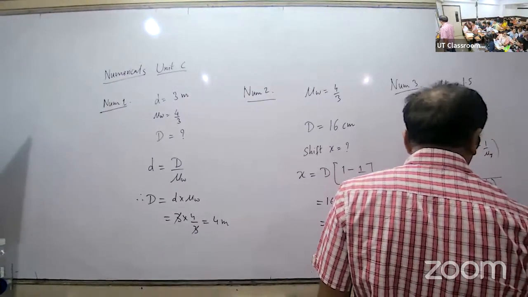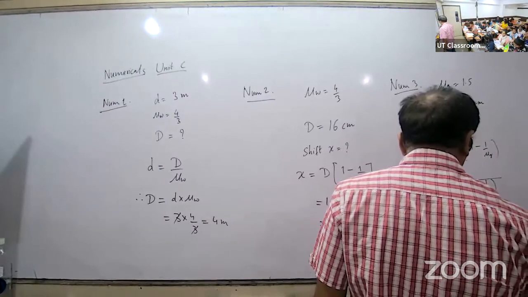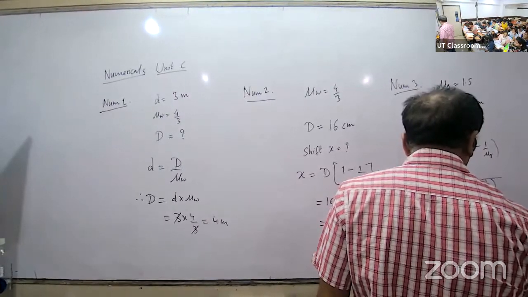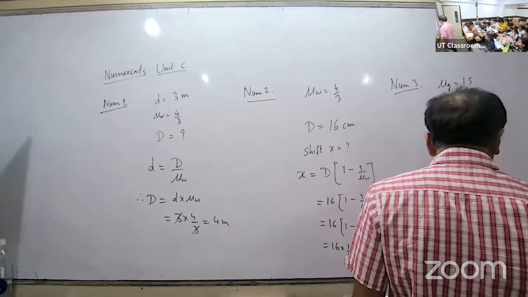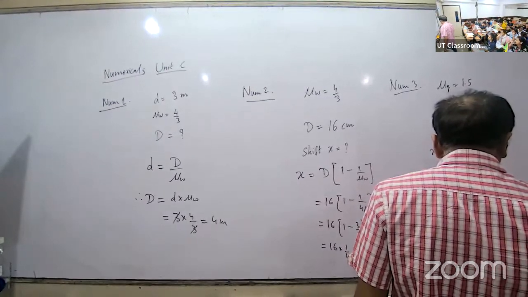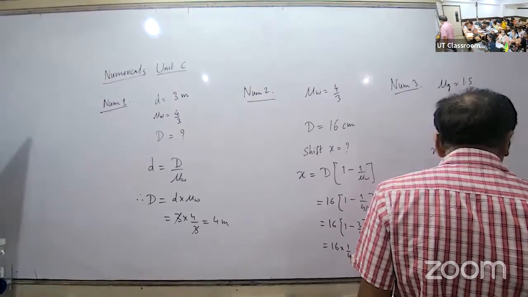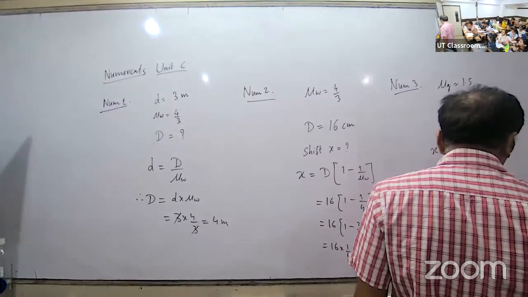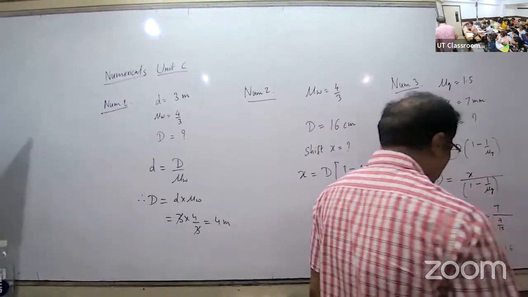This is 7 into 15 divided by 90. How much is it?